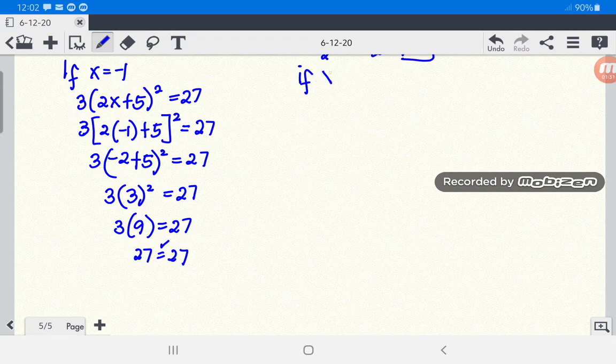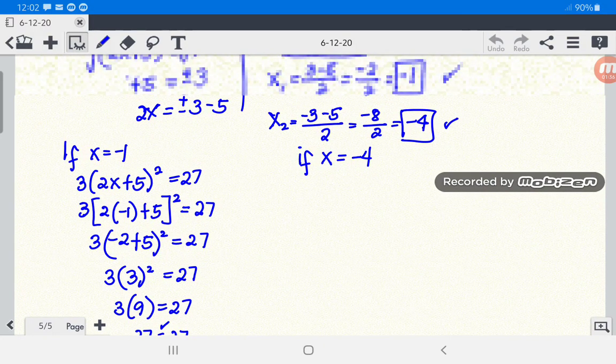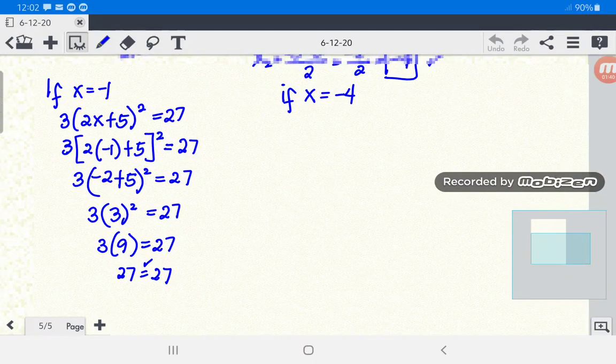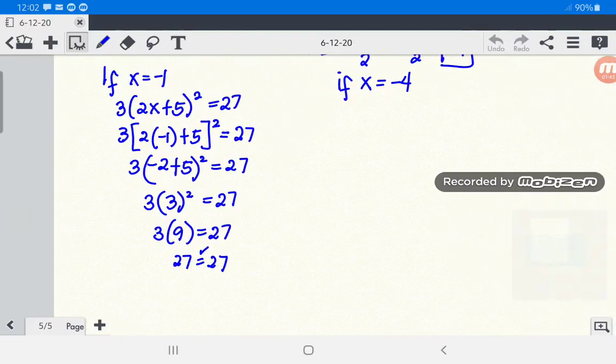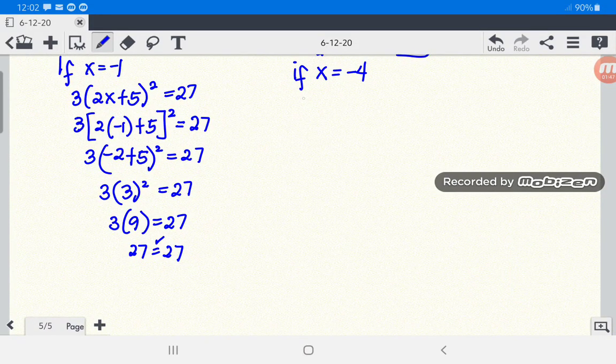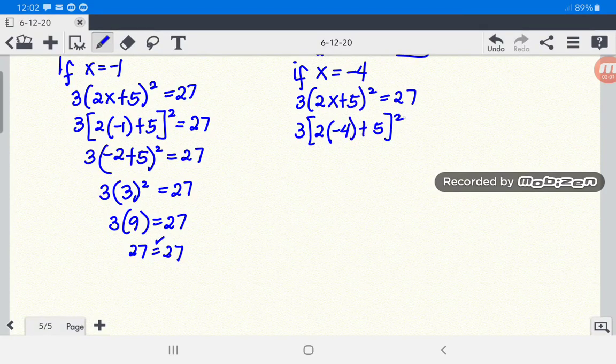Check. Another value of x is negative 4, right? So negative 4. Again, using the original equation, we have 3 times 2x plus 5 squared equals 27. You copy 3 times 2 times negative 4 plus 5 squared equals 27.